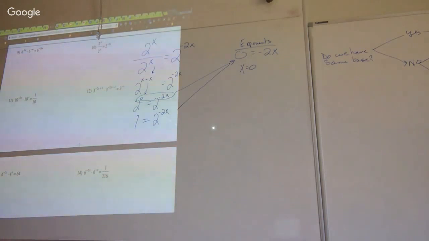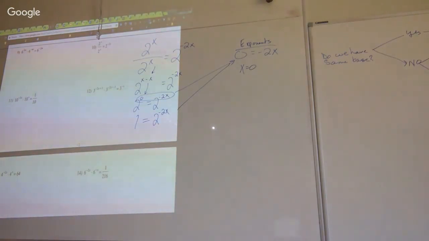Can I get it into a single base? Do we have the same base? In other words, can I combine these two things? Yes, because they're being multiplied. When I multiply the same base, we add the exponents. I keep my base: negative 3x plus x equals 1 over 10.